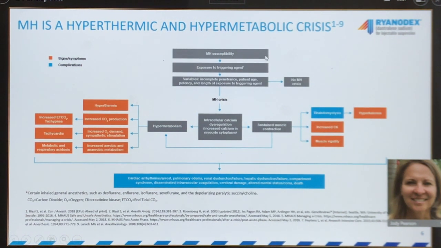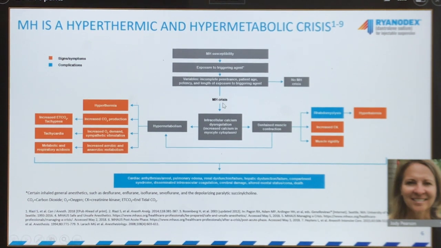So you have to have that genetically predisposed individual receive a triggering agent, which we talked about was general anesthesia and/or succinylcholine. Sometimes they will not have an MH crisis. So this is called variable penetrance.